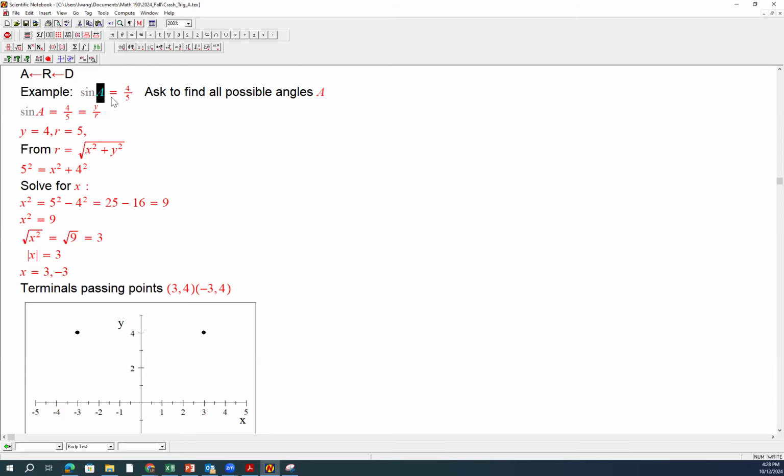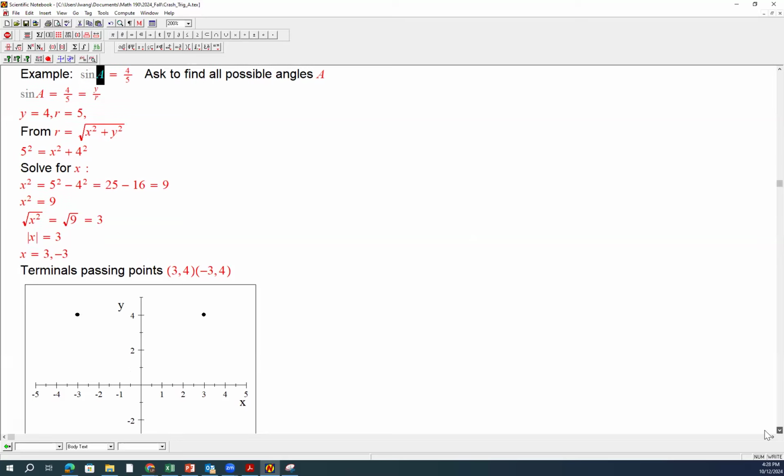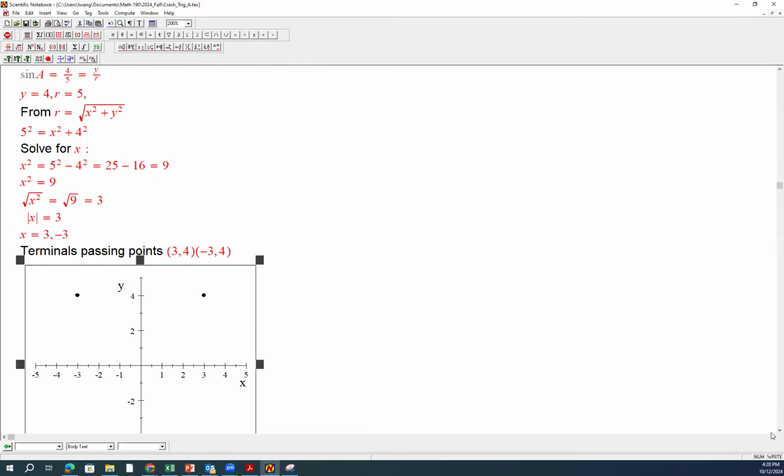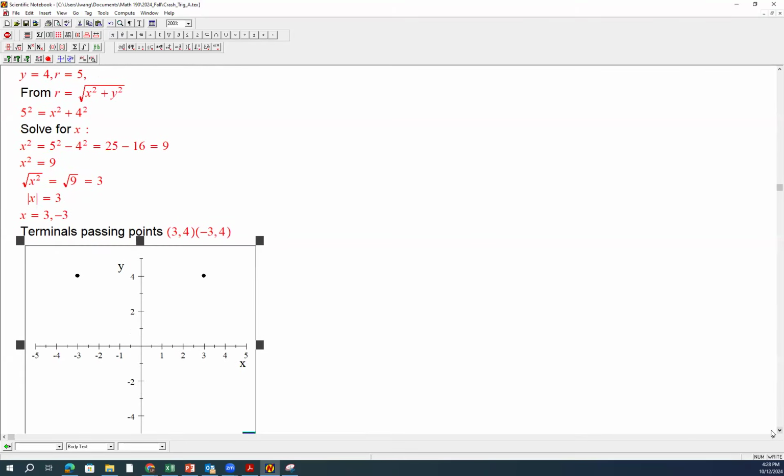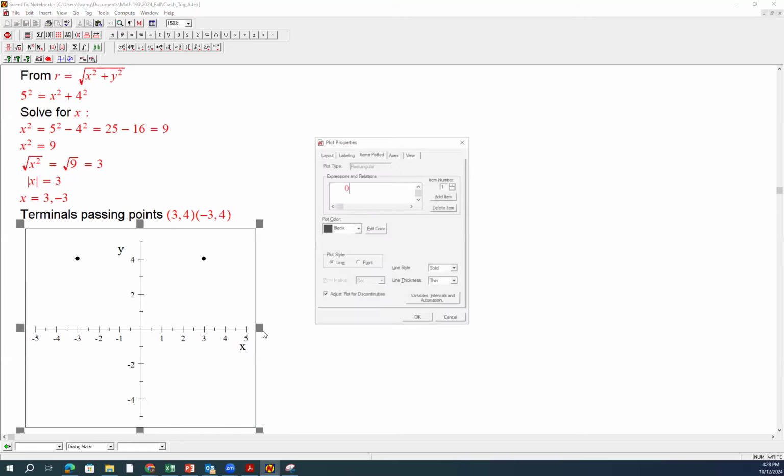This is also called a trig equation. So we have two terminals. How do we represent these angles? I'm going to draw the terminals.